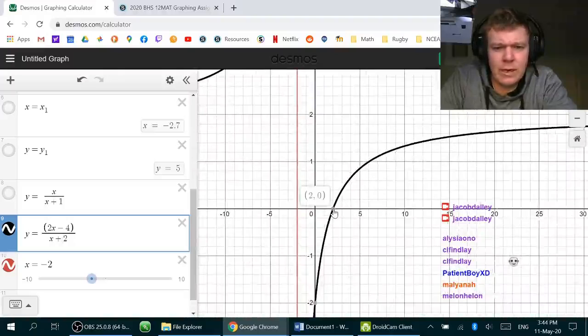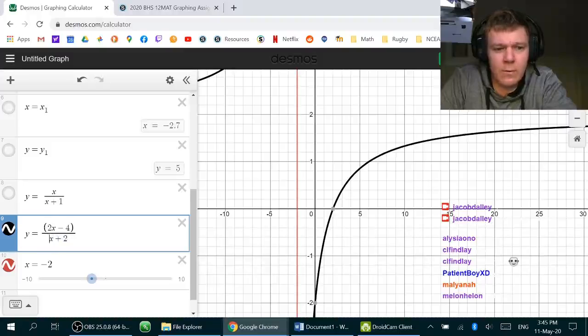Let's just have a look at some other values. So this value here, where it crosses, that's something that you could calculate. So when y is 0, what would x have to be? Well, you could solve that with a bit of algebra. So if y is 0, then this bottom term, if you multiply it to the other side, is just going to get cancelled out.